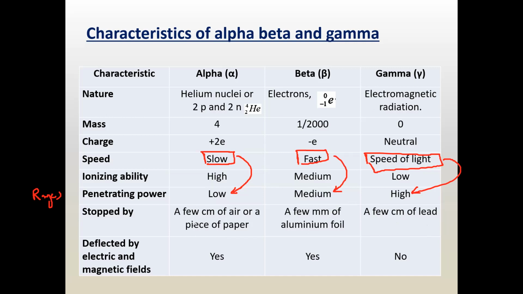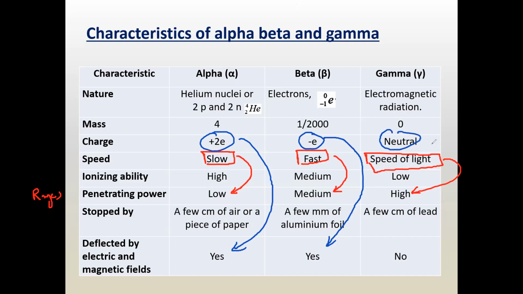And deflection by electric and magnetic field: whenever there is a charged particle, there is always a deflection in the electric field and magnetic field. Alpha has a +2 charge, that is why there is a deflection. Beta has a negative charge, like an electron, so there is deflection.